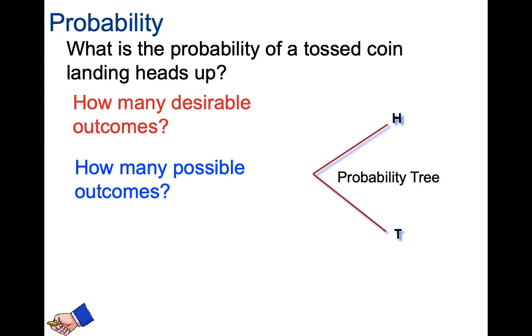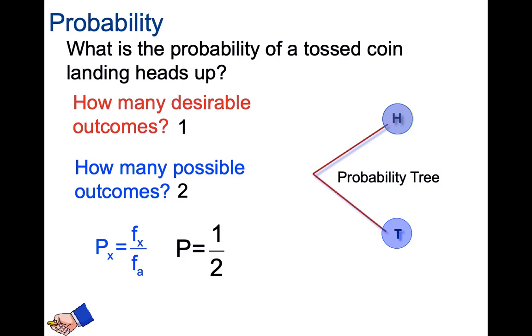So if I want to consider the probability, then I have to divide the desirable outcomes by the possible outcomes, right? So I have 1 desirable outcome of heads, and I have 2 possible outcomes, heads and tails, and if I do the calculation, I'm going to get 1 divided by 2, and I'm going to get 0.5. So again, no surprise there.